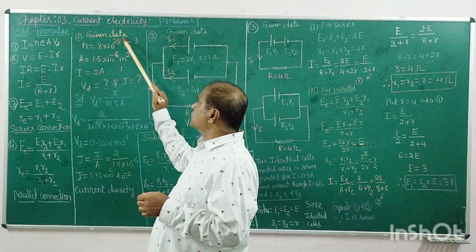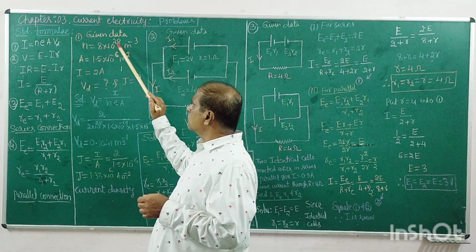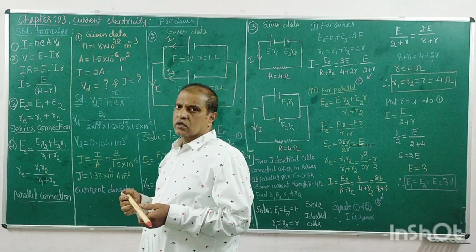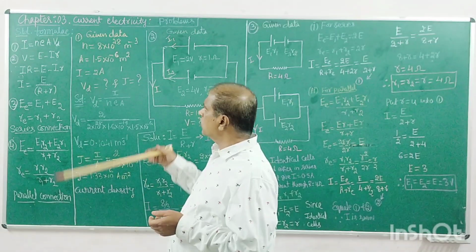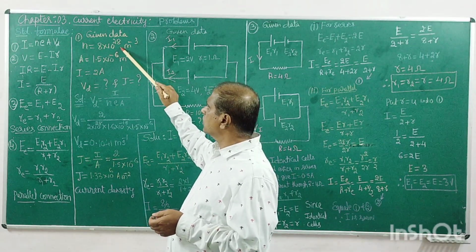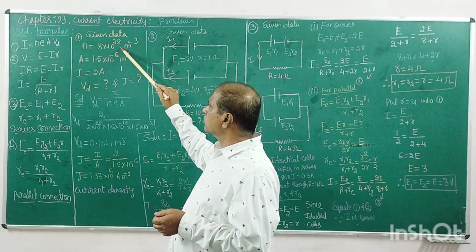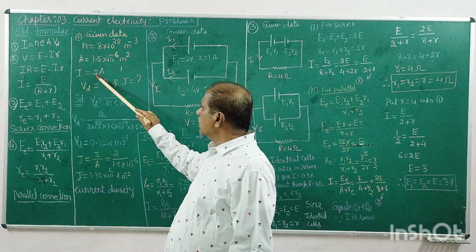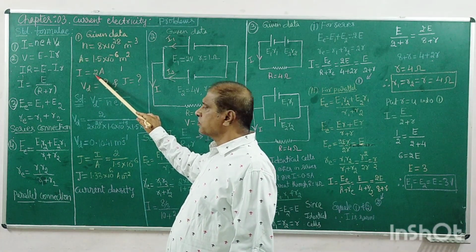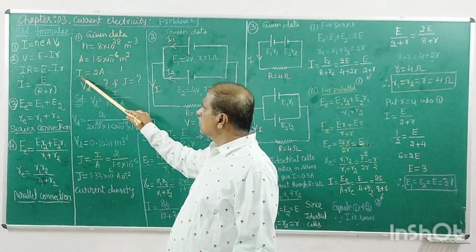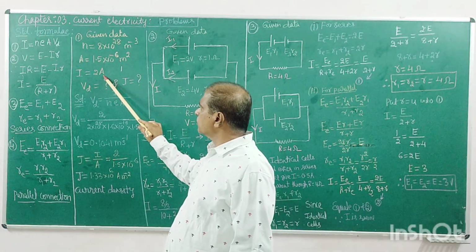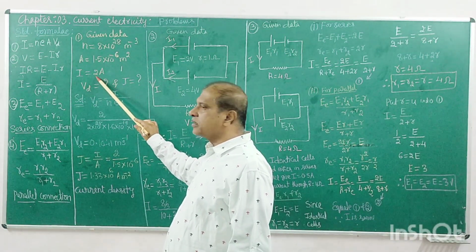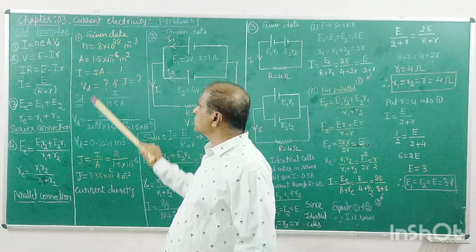The first problem: I have put only the data of the problem, not the problem itself, so I will read the problem. The conductor carries a current of 2 amps.